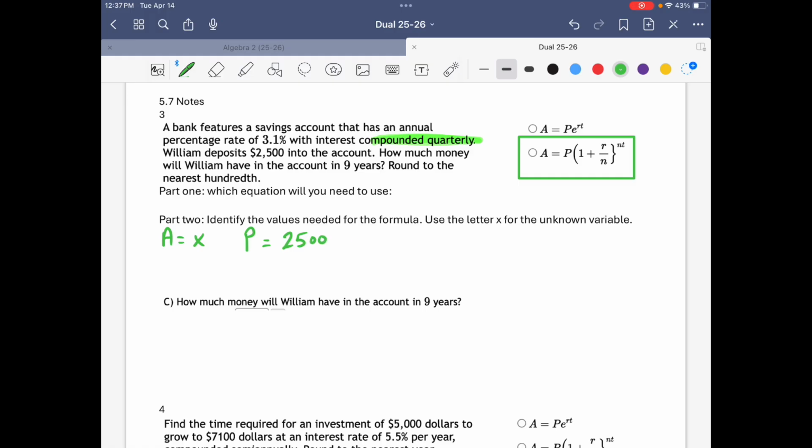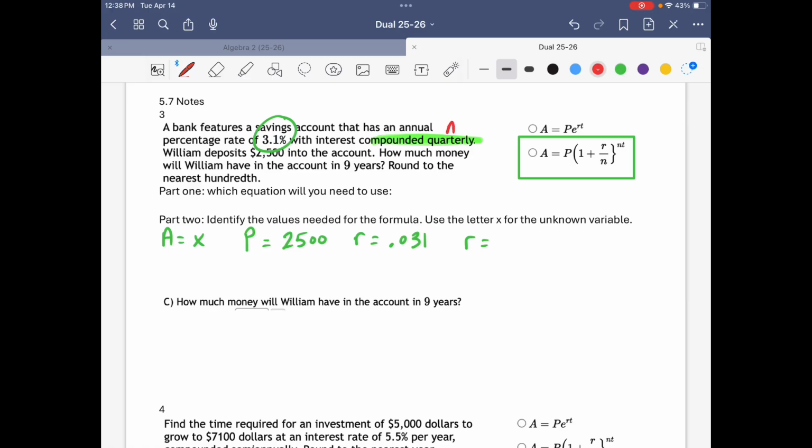R is the interest rate. 3.1, right? But change that. You don't want the percent sign, so divide by 100 again, or move the decimal 2 to the left. That'll give you 0.031. And then N is how much time are we getting interest. Quarterly.